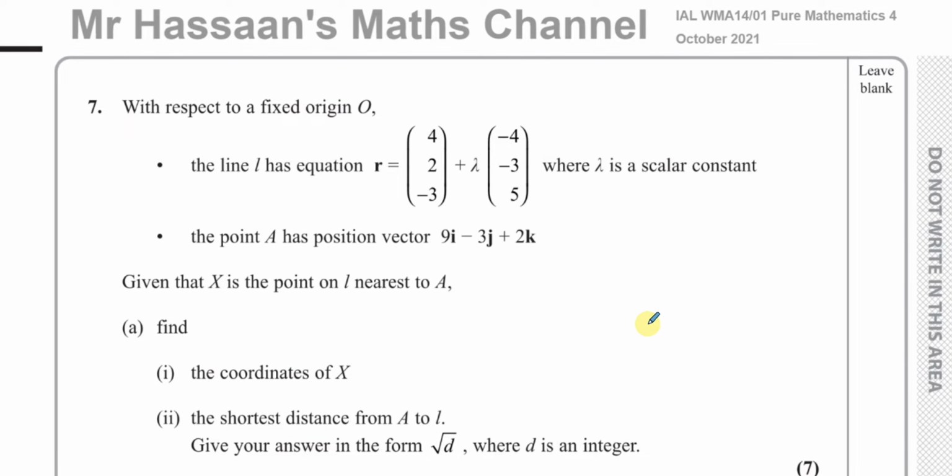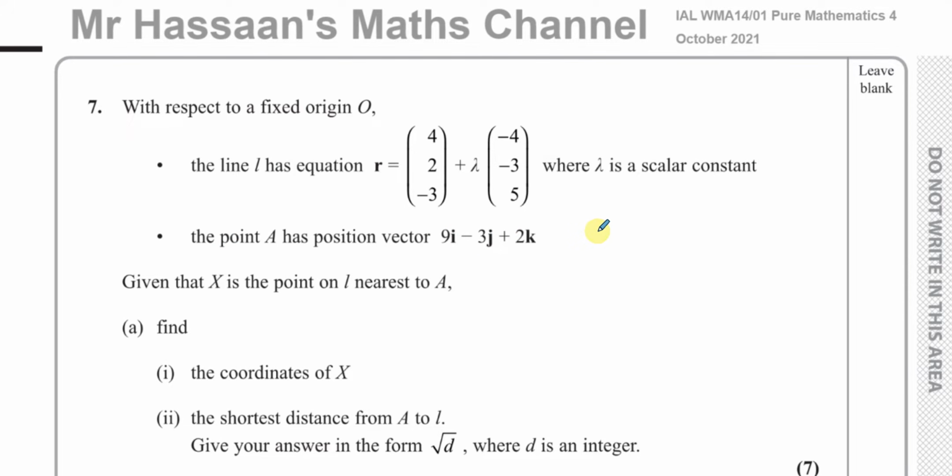Okay, so first thing, we have a vector equation of a line, which is made up of two parts. The first part tells you how to get from the origin to the line, and the part that's multiplied by the scalar, which in this case is lambda, tells you in which direction the line goes. So this is the direction part and this is the position vector part, and there's a point A which has position vector 9i minus 3j plus 2k.